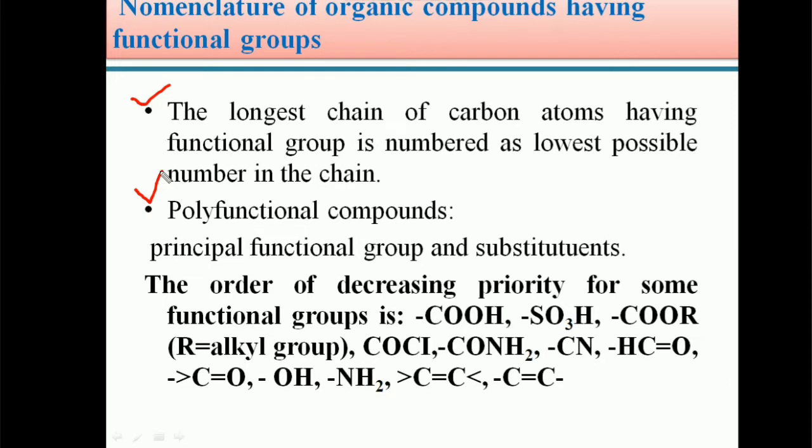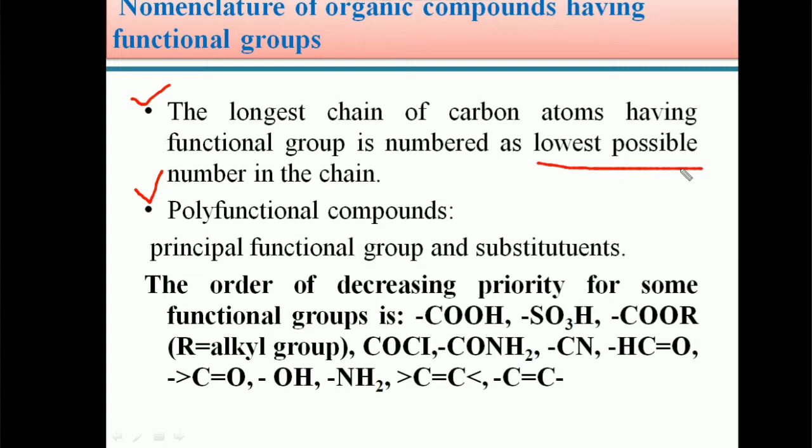So students, in case of organic compounds having a functional group, the numbering is given in such a way that the longest chain of carbon atoms having the functional group is numbered with the lowest possible number in the chain.